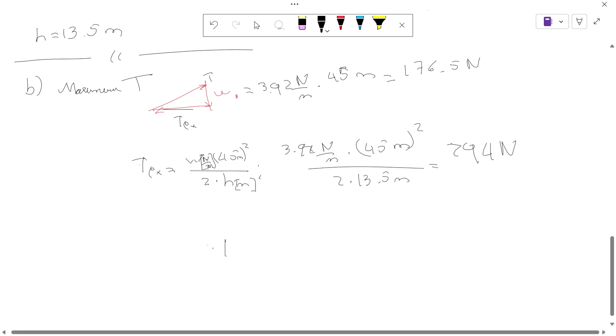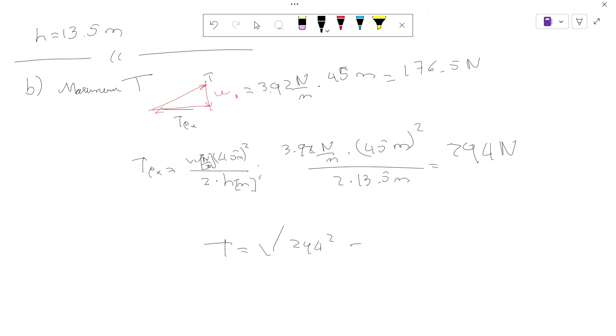In that case, we just need to do the square root of 294 squared plus 176.5 squared.